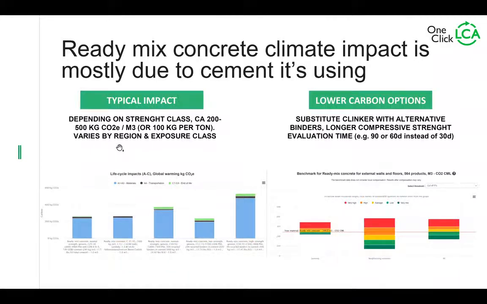It varies by a lot of factors and is very strongly linked to the cement content in the mix. As you would guess, by substituting clinker with alternative binders and consequently trying to use longer compressive strength evaluation times, you can significantly reduce the impact of classical ready-mix concrete.